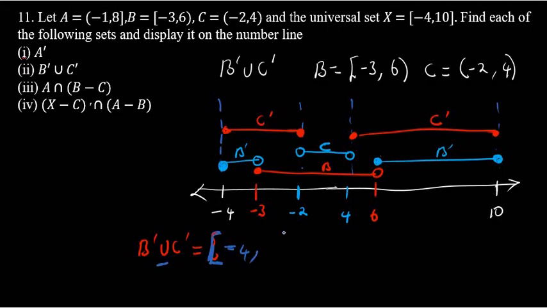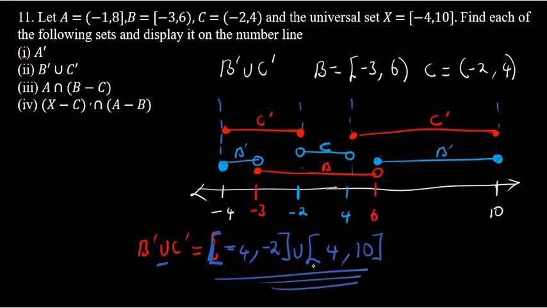-2 in C complement is included. Union. Then on C complement again, 4 is included. So it will be 4 there. Comma, 10. Just like that. So these are the answers that we are looking for. Okay.